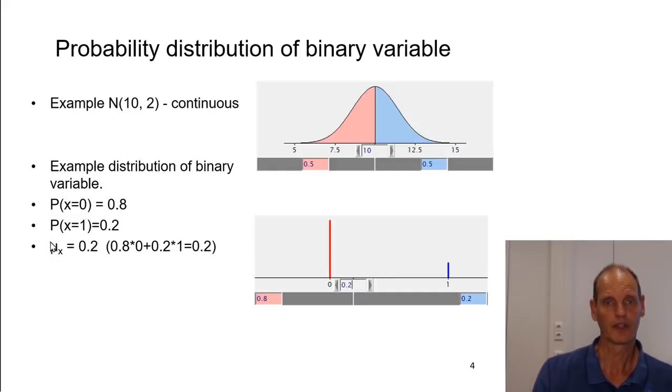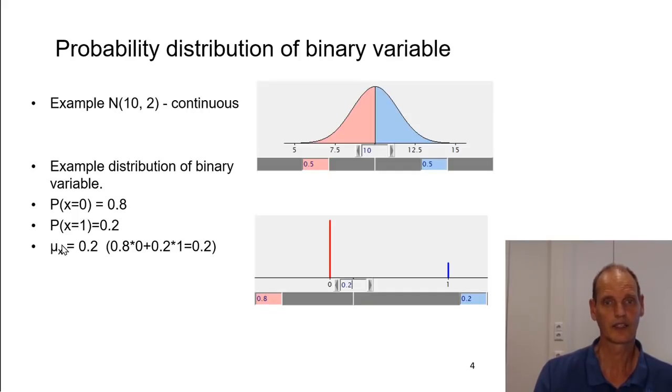So what we see from this is that our one sample situation of week 1, where we looked at the mean of a continuous variable, is in a way the same as the case that we're now considering.